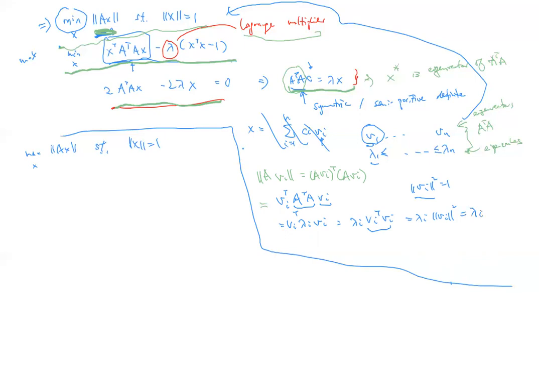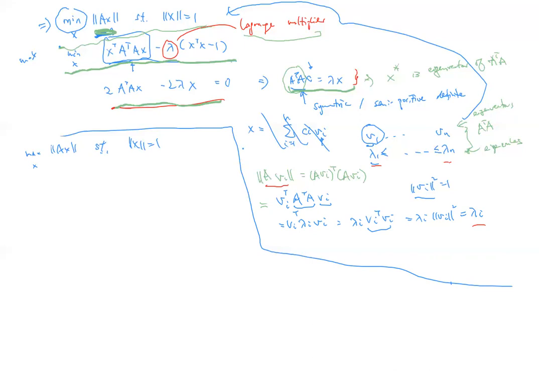So I plug in any of these vi, as I said, x has to be one of the eigenvectors. If I try an arbitrary vi and compute the norm of A vi, I will simply get the eigenvalue of that.